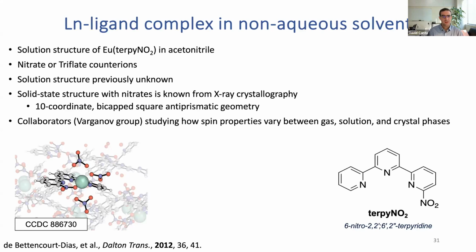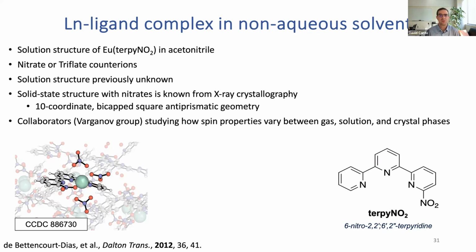He leads more of an electronic structure research group, and they are very interested in how the spin properties will vary between solution or crystal phases. With the MD, we can see how the solution and crystal phases change, and then we work with them to go into the spin properties.